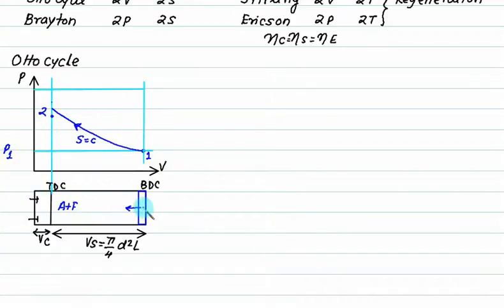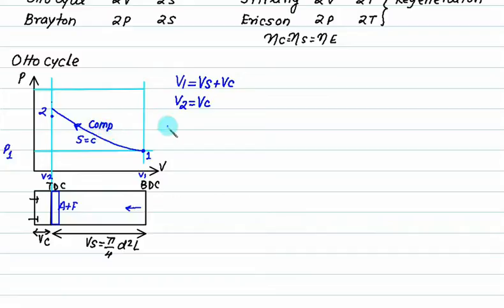The ratio of the volume at the start of compression to the volume at the end of compression is represented by V1 and V2. V1 is equal to Vs plus V2, where V2 equals the clearance volume. This is at the end of compression. 1 to 2 is called the compression process.